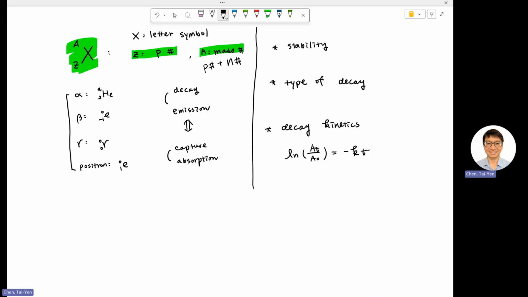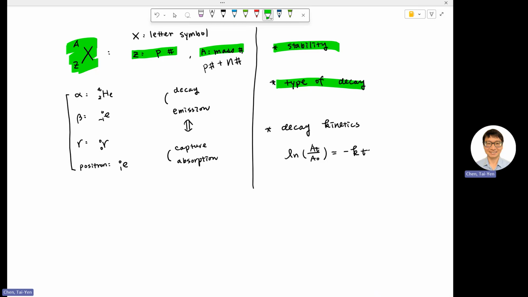That's the first thing we start to learn for this chapter. We want to know whether something is stable or not. If it's not stable, it's going to undergo some decays, right? Then what kind of decays can we have for the atoms?